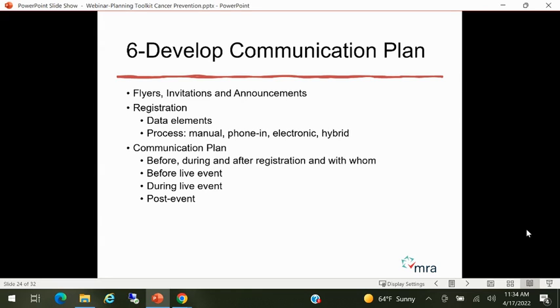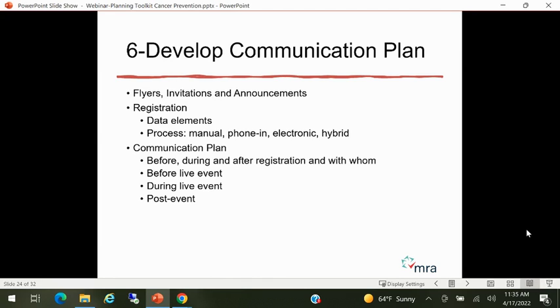So, for example, if you asked a registrant for their name, their date of birth, their age, their street address, their zip code, their telephone number, their email address, you likely are not going to get all of that. So know what those core elements are. Now, at the same token, these data elements can be used to help you evaluate outcomes post-event. So you need to spend some time deciding what it is that has the value for you.